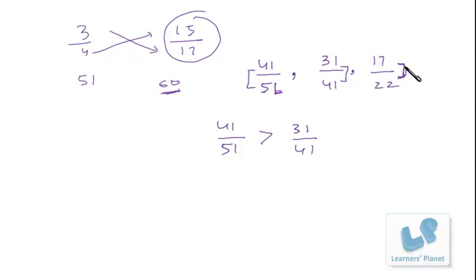You can make this difference 10 by multiplying the numerator and denominator by 2. Since we are multiplying and dividing the fraction by the same number, there is no change in the value, but the comparison becomes an easier task.